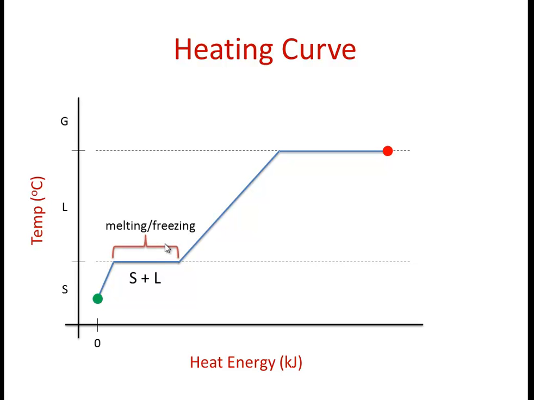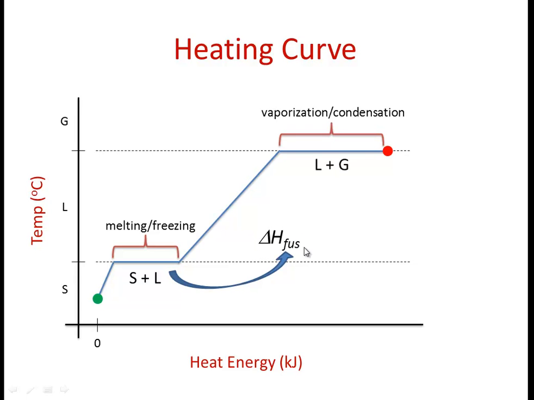Just to summarize now, notice that when you are looking at a heating curve, this segment that goes along the melting point, the solid-liquid boundary, is a phase transition. The substance is going to be both solid and liquid simultaneously because you're melting, or freezing if you're removing heat, and the quantity that you'll need to use is the molar enthalpy of fusion.